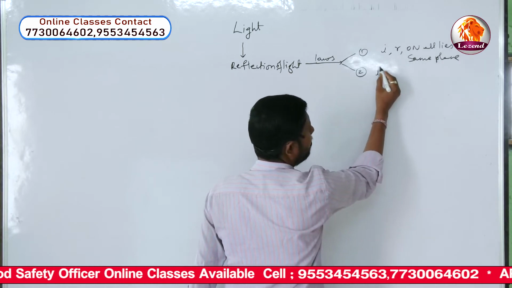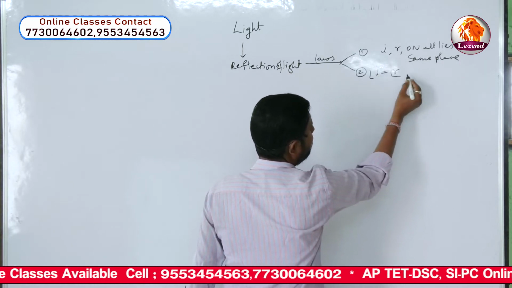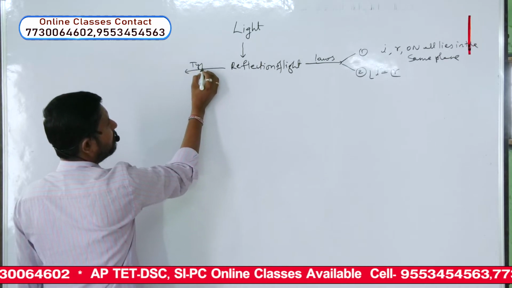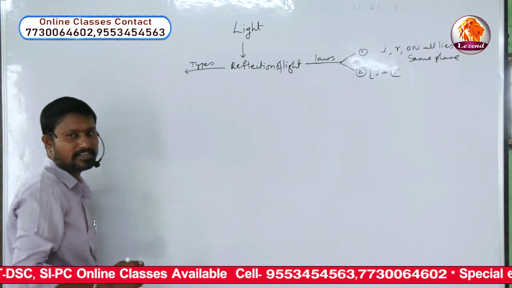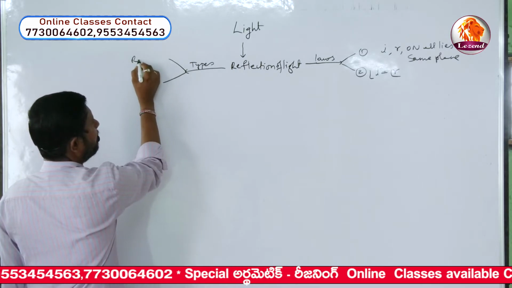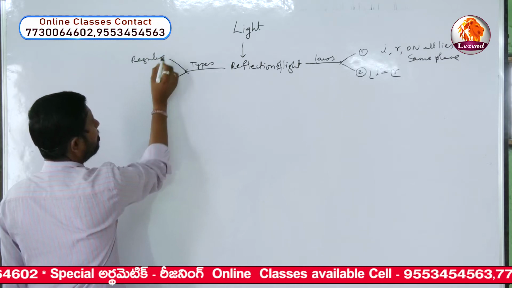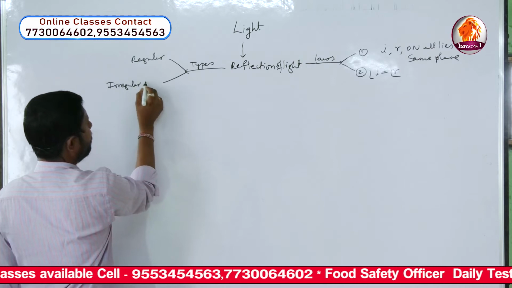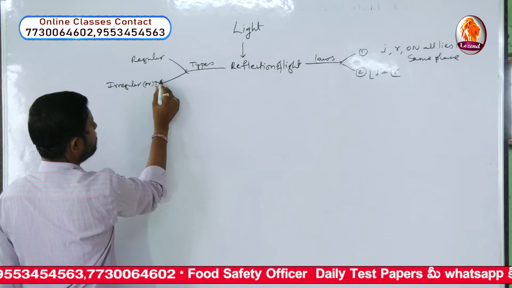And next, angle I equals angle R. This is the second law. And whenever reflection takes place, you should also have an idea of the types of reflection. How many types? You have two types, regular reflection and irregular, or we can also use the word diffused.